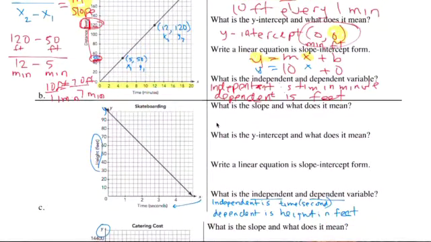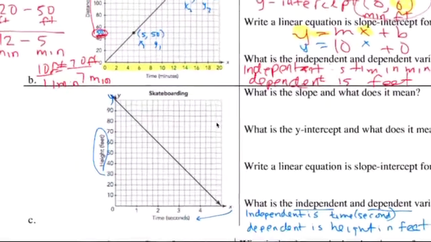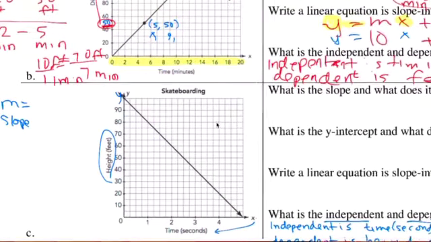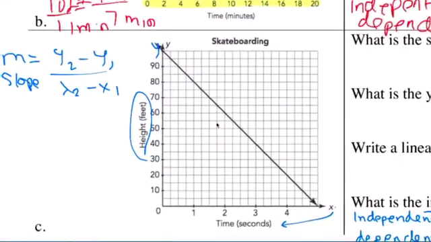C, finding slope. And you know how to find slope. Slope is letter M. M is equal to y sub 2 minus y sub 1 over x sub 2 minus x sub 1. So we pick 2 points.